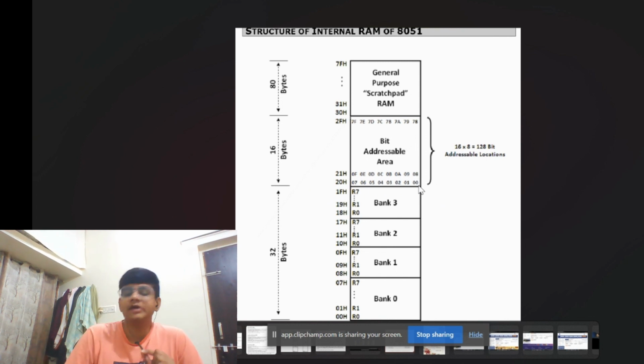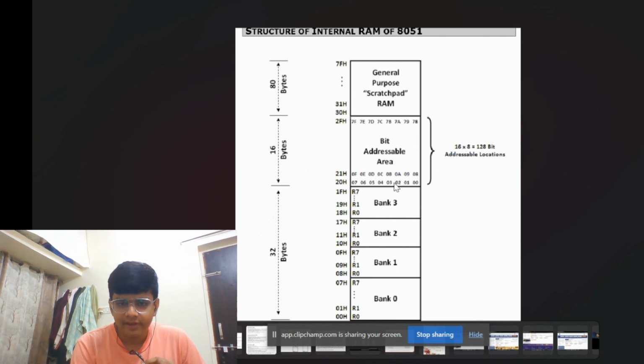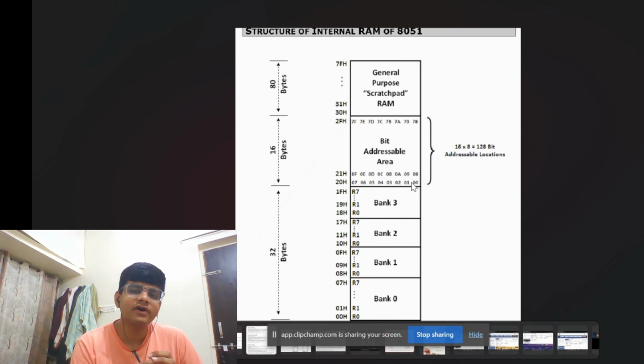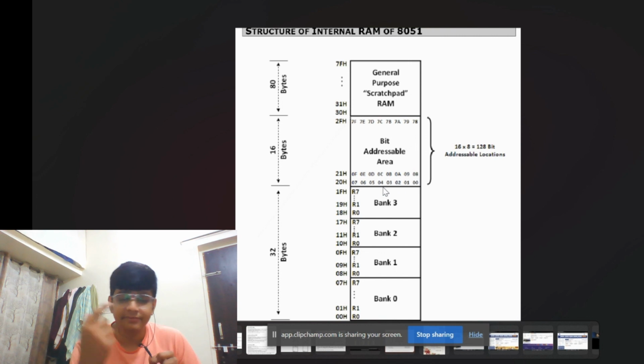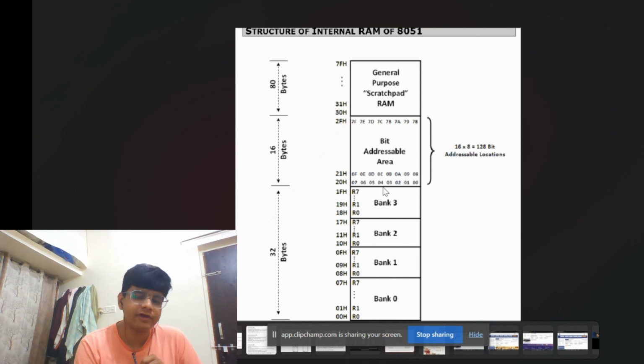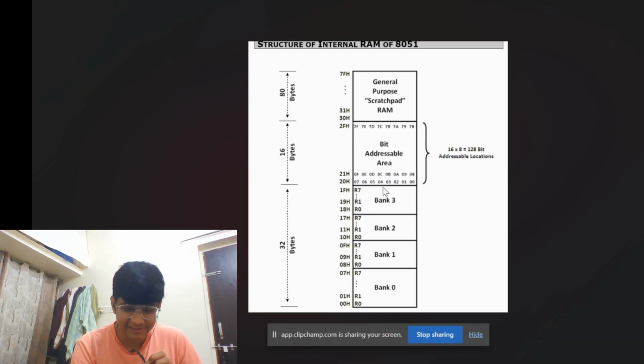I will tell you when we start programming, and at that time I will explain thoroughly. Here, if I have 01, the last 4 bits will be 0001: the upper three are 0 and the last is 1. I cannot change it. I cannot take this as 1 and this as 0, making it 0101. I cannot do that. That's a simple explanation.